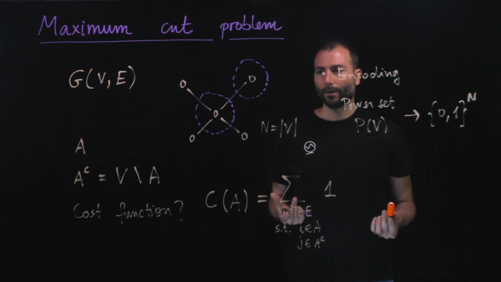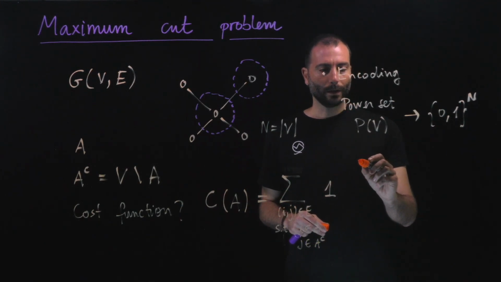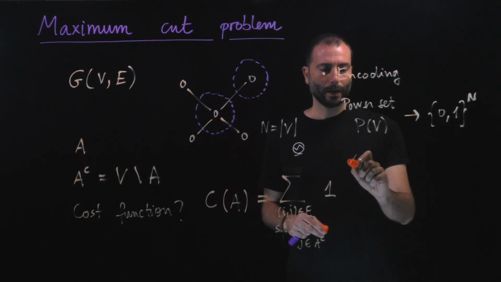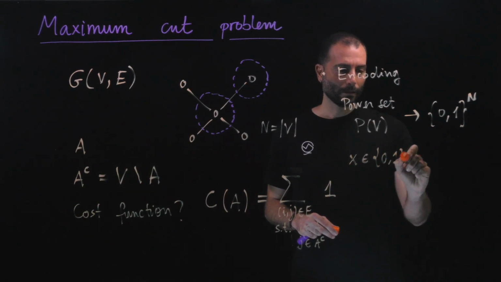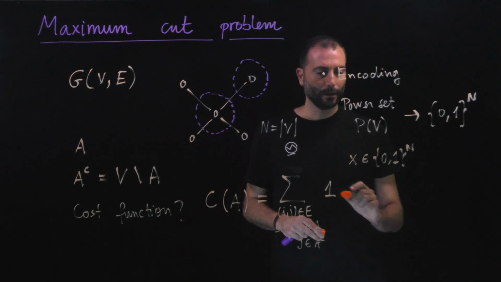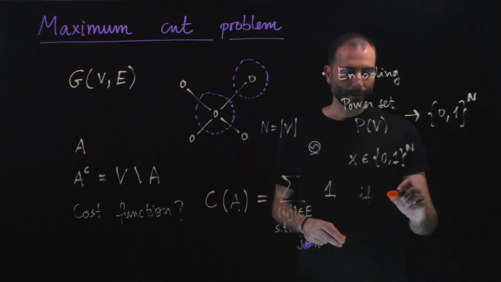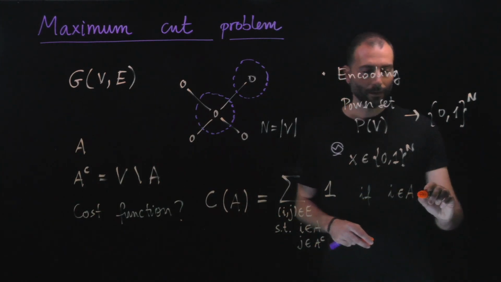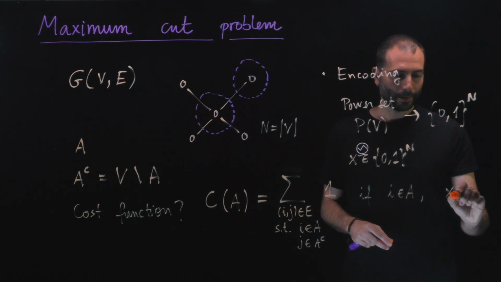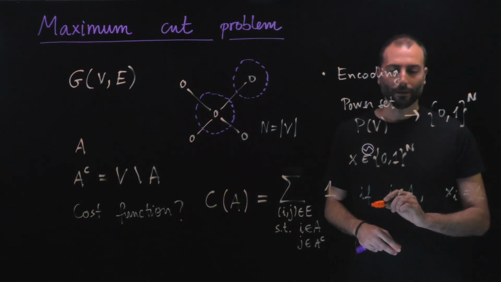So the simplest encoding that we can find is the following. We will define it as follows. Given x, a bit string of length n, if the vertex i belongs to the set A, then we set the ith element of this bit string to 1.